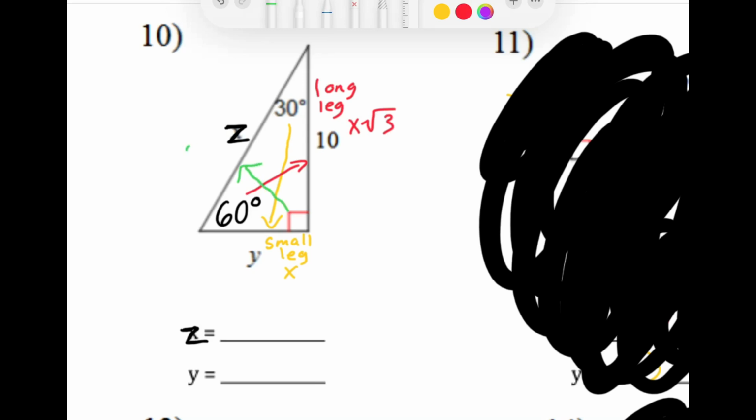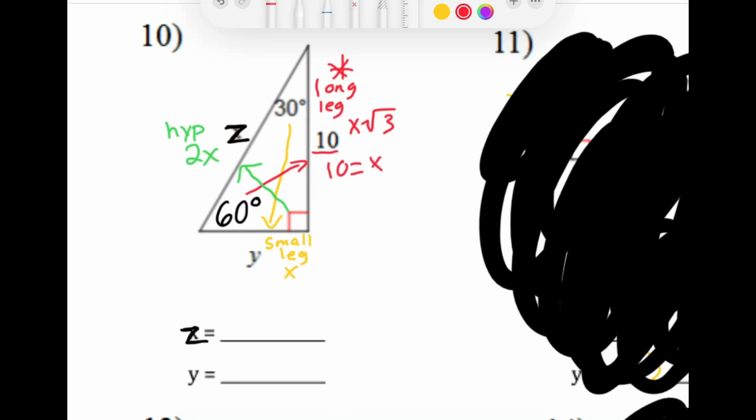And then your hypotenuse is always 2x. Those are your ratios of your special right triangle 30, 60, 90. So the one that is given is our long leg, because we're told that the whole long leg is equal to 10. So we're going to start there because then we can find what x is.